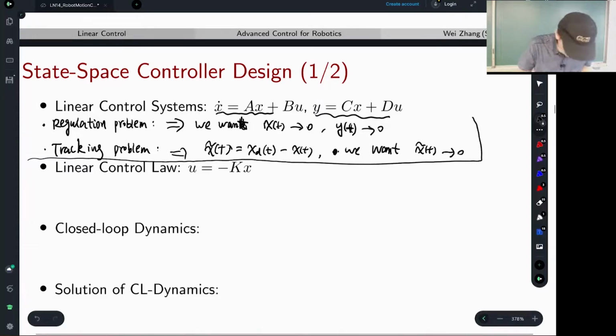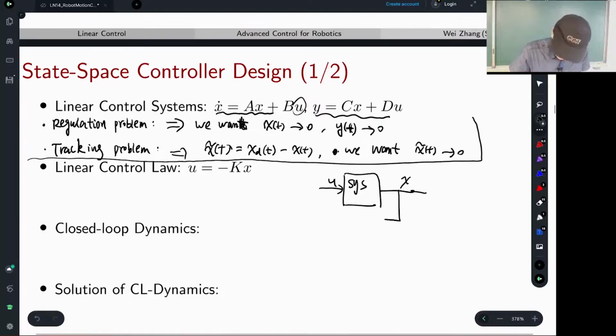With this in mind, now let's talk about linear control law. Typically, linear control law is defined as a gain matrix times the state vector, right? So you have a system. This is your control input. This is my state vector, right?